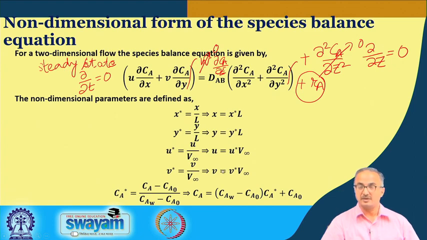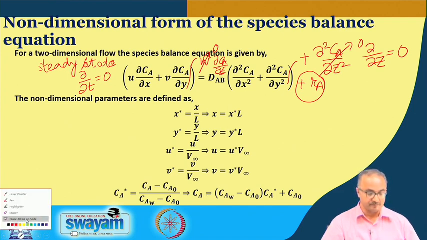So we get non-dimensional x, y, u, v, and for the concentration we put this kind of a non-dimensional expression. Depending on whether C A is bound between C A naught and C A W or not, we shall have either a normalized or an unnormalized dimensionless concentration.